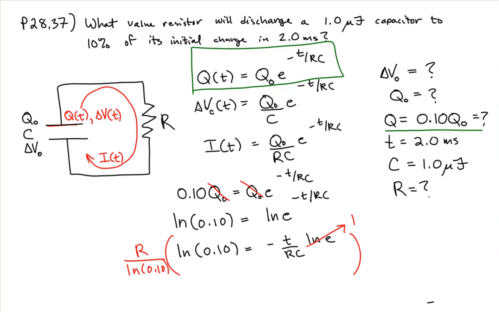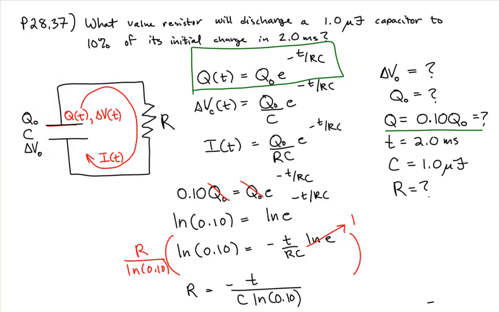When we do that, the left side of our equation is equal to R, and the right side is equal to minus t over the capacitance times the natural log of 0.10.